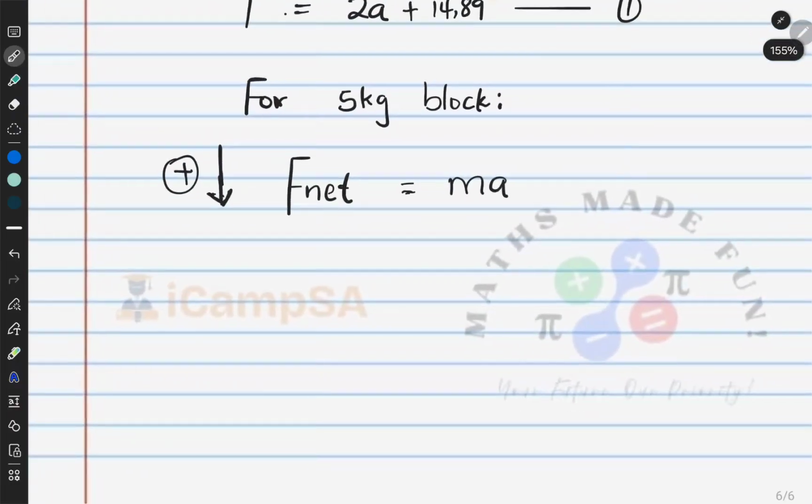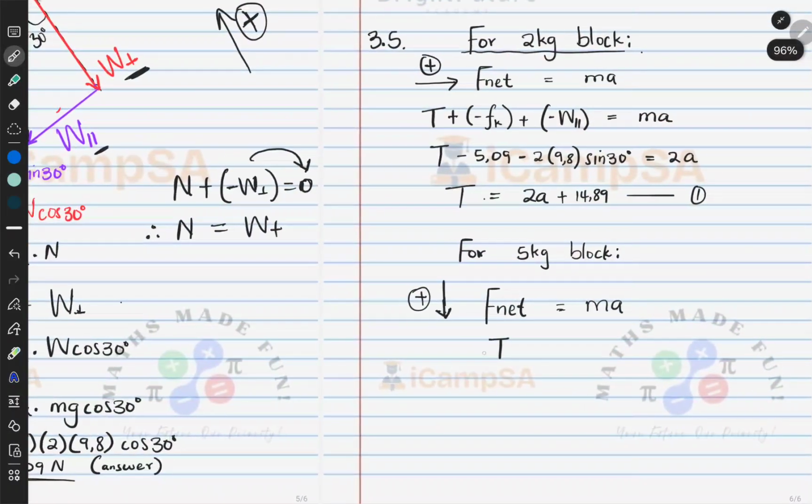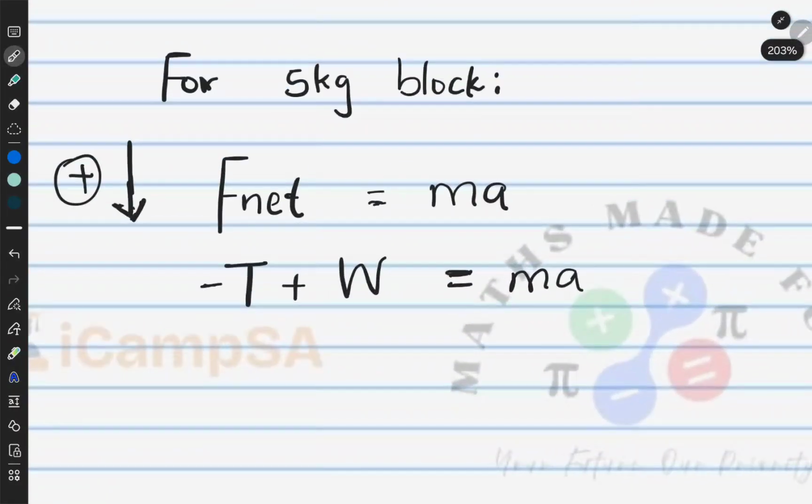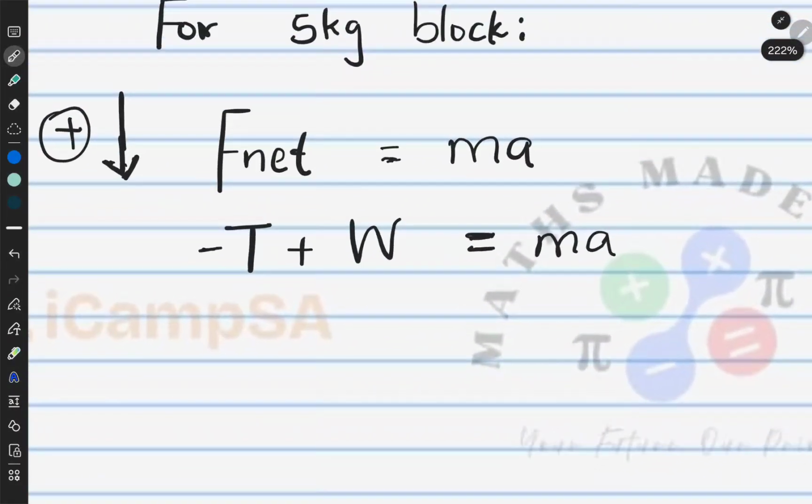Therefore, Fnet is ma. Now, there are only two distinct forces here. You have the tension, which is unfortunately going up, so it's negative, plus our weight, which is going down, so it's positive. Then we have ma. Now we substitute: minus T plus mg, which is 5 times 9.8, equals 5a.